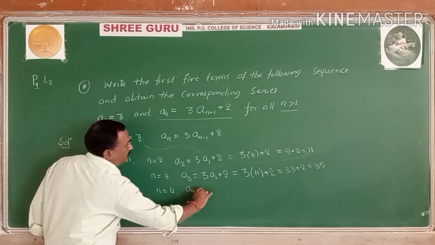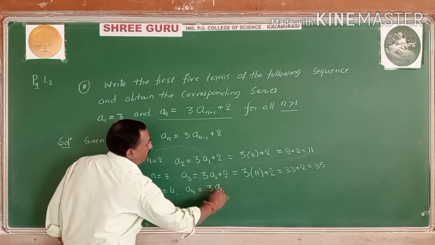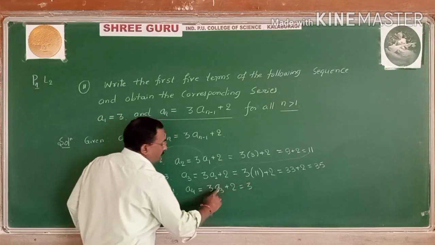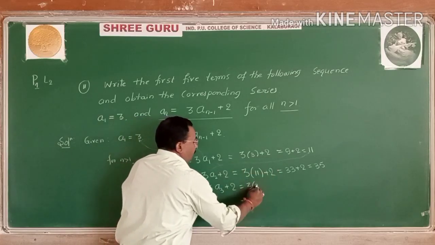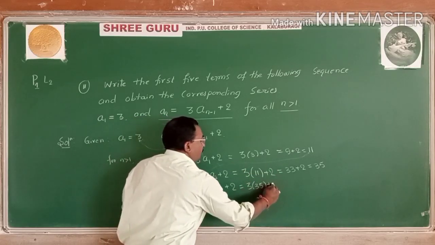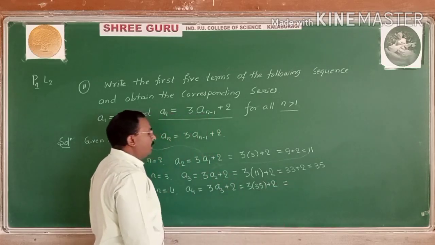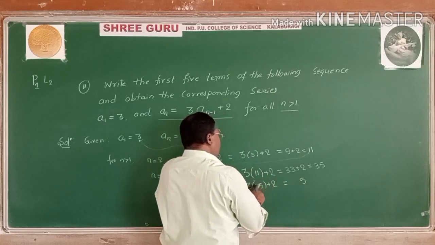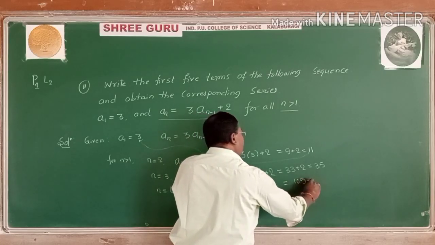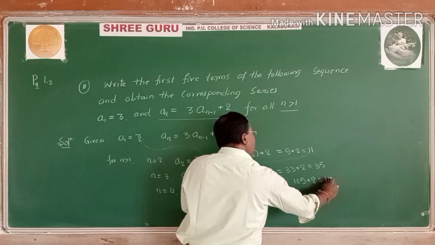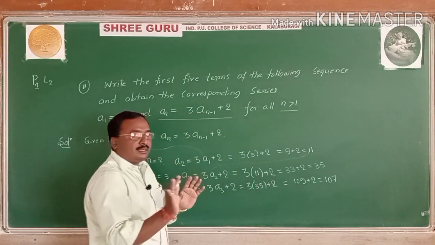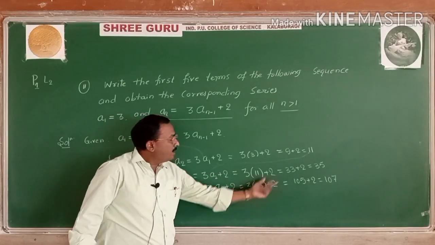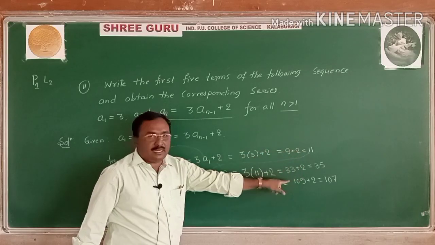A4 is equal to 3 times a3 plus 2, so 35 into 3 is 105, plus 2 is 107. Don't use a calculator unnecessarily, my dear students. Very simple, multiply it on the right side and write it.